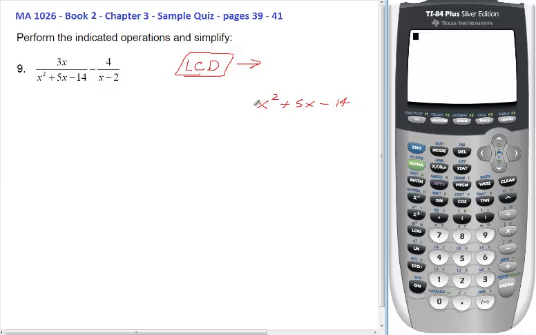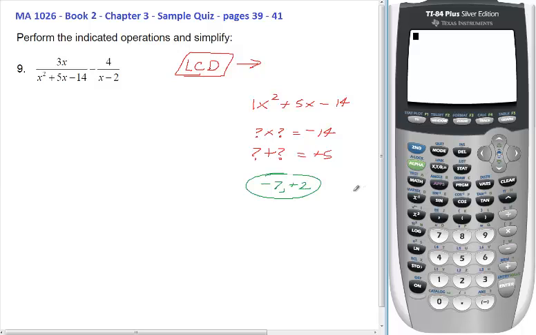Again, we're looking for two numbers that multiply to give you 1 times negative 14, which is negative 14, and add together to give you the middle coefficient, which is 5. Can we find two numbers that multiply to give negative 14 and add to give positive 5? We can find those numbers pretty quickly. They are minus 7 and plus 2.